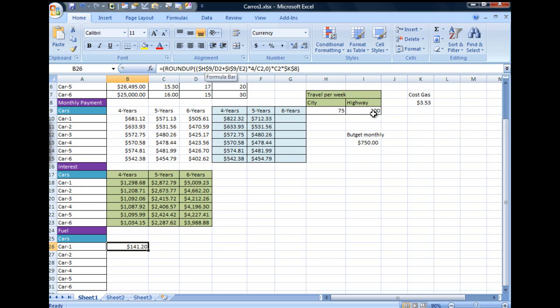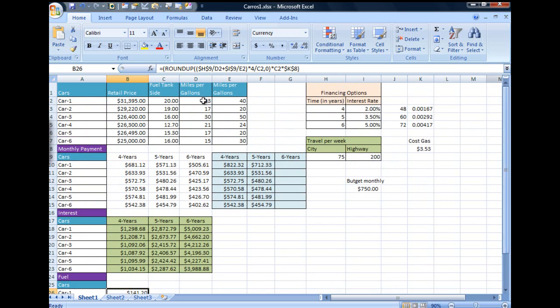After that, divided by D2, which is 23 for the first car, the miles per gallon in city, plus I9, the 200 miles, divided by E2, the miles per gallon on the highway, close the parenthesis, multiplication by 4 in order to find monthly.